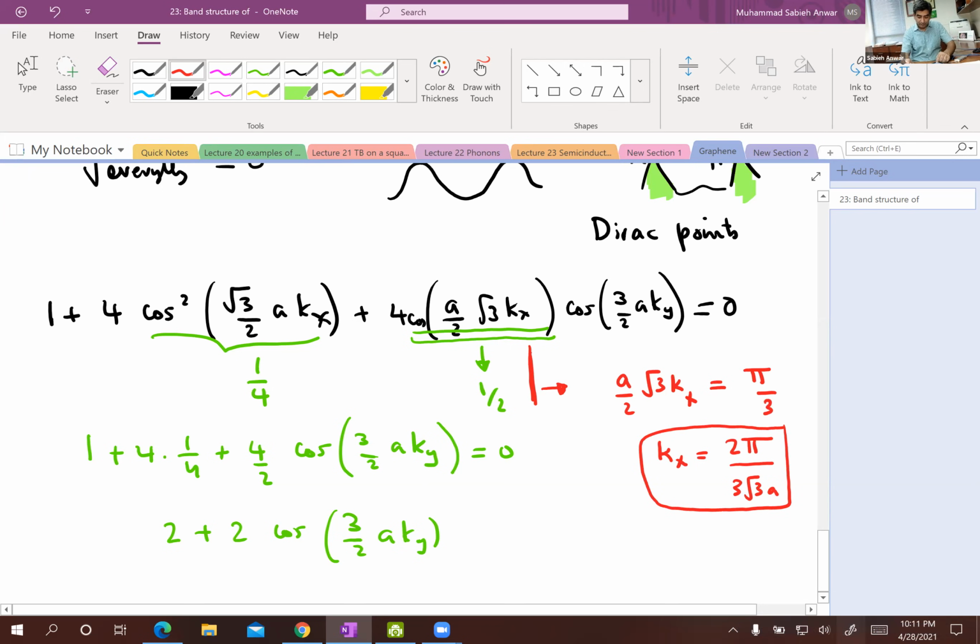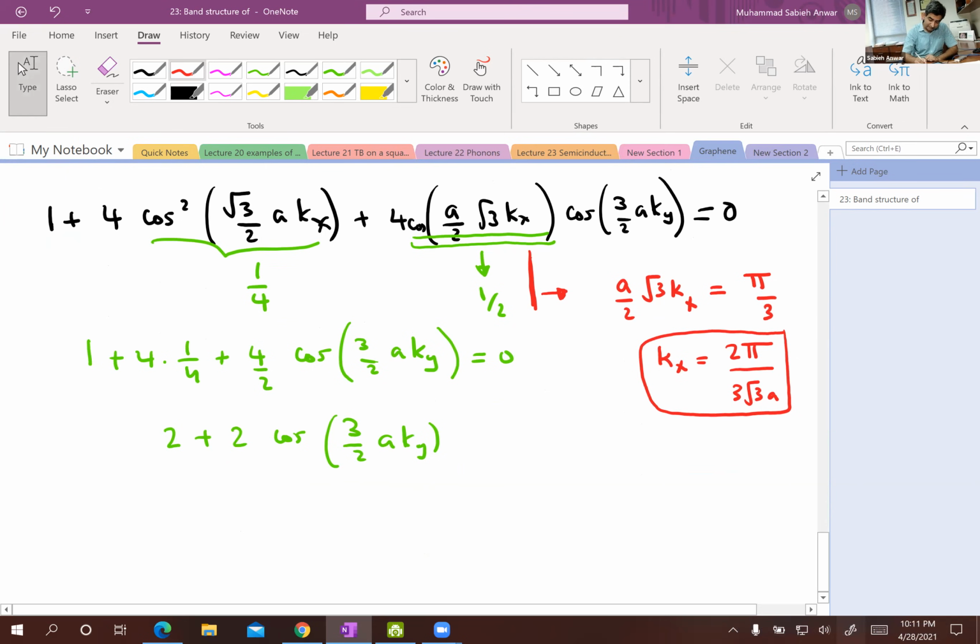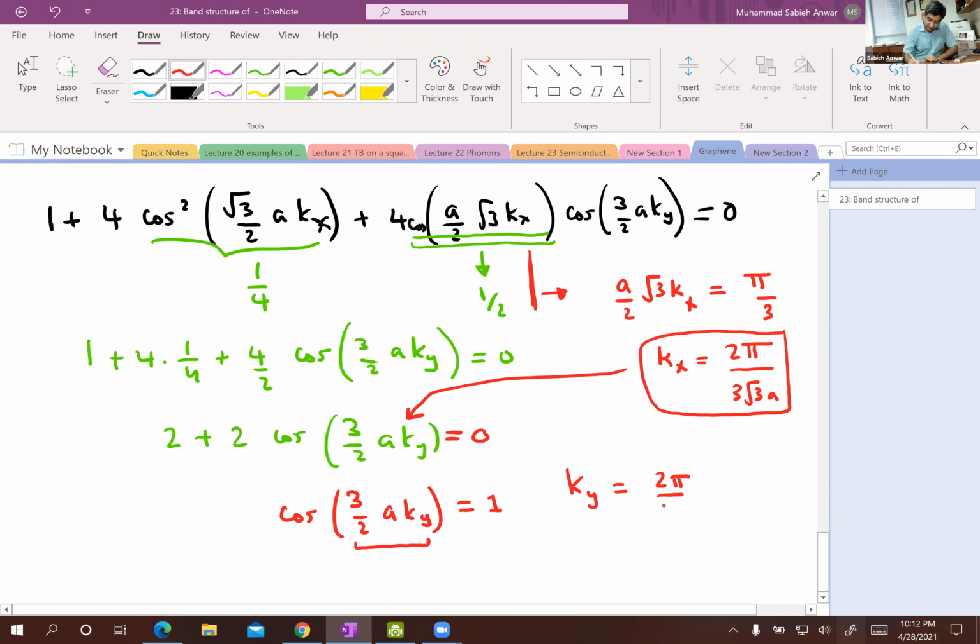So we would like to see whether this particular value of kx will lead to a solution for ky. So this makes cosine of 3 over 2 aky minus 1, and this is going to happen when this term here is equal to pi. And when that is the case, ky equals 2 pi over 3a.